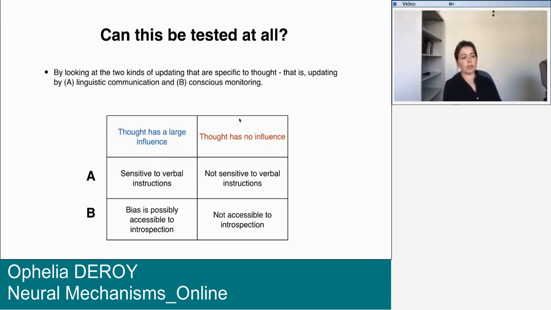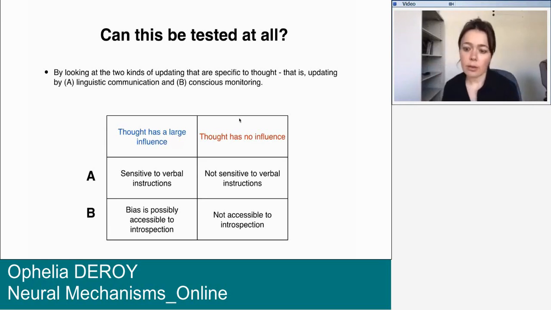Now, the hypothesis is to say, by manipulating linguistic communication and asking participants to perform conscious monitoring during a task similar to the face-lightness bias, we can be sure that we are manipulating the level of thought, and we can see whether by manipulating the level of thought it makes a big difference on the perceptual effect that is of interest here.